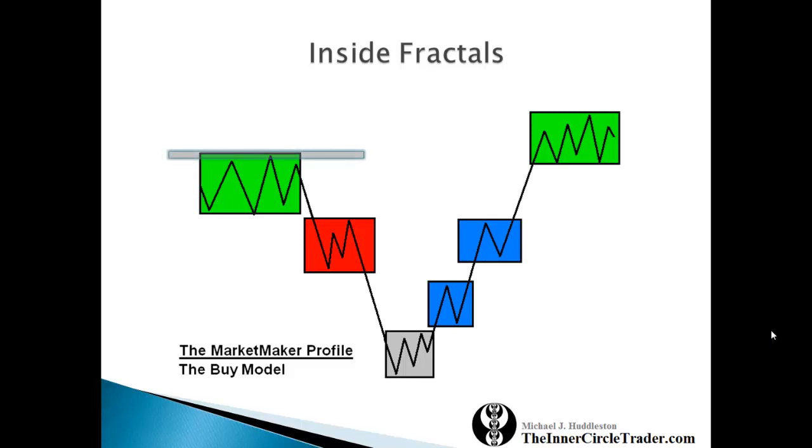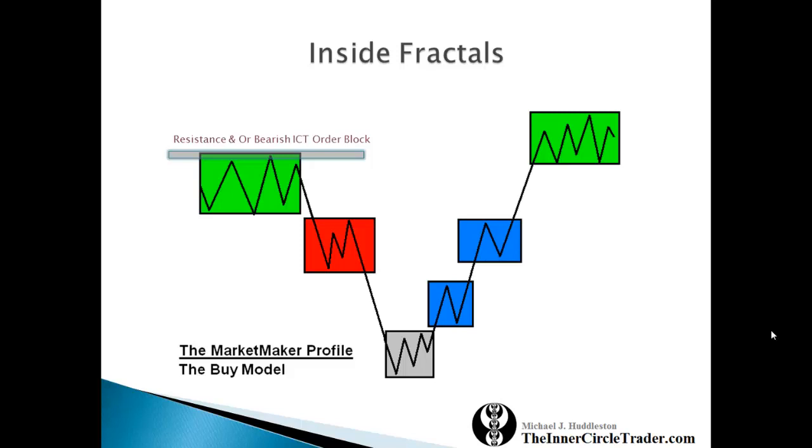Initially, without any question, you have to have a discernible level of resistance, or what we would view as a bearish ICT order block. One of the two. It could be a discernible horizontal resistance, or it could be an old high. It could be an old low.